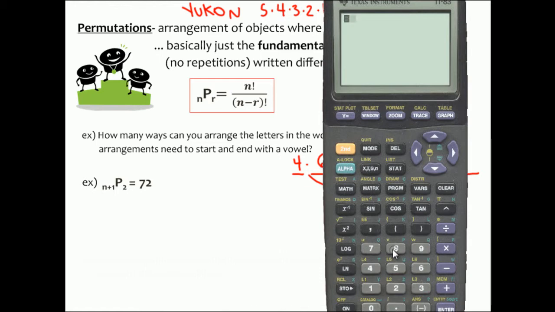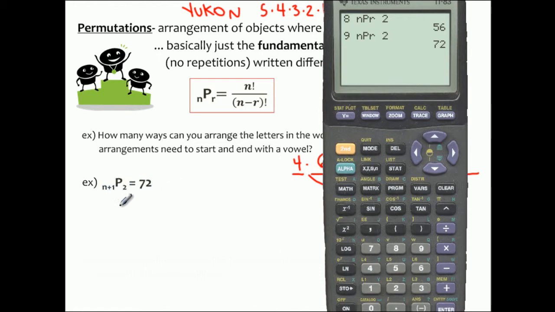Try maybe 8, and then pick 2 at a time, 56. So we need maybe a bigger number. Try 9. So 9 picking 2 at a time gives us 72. So this number would have to be a 9.